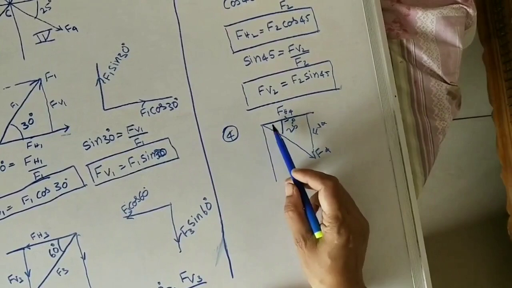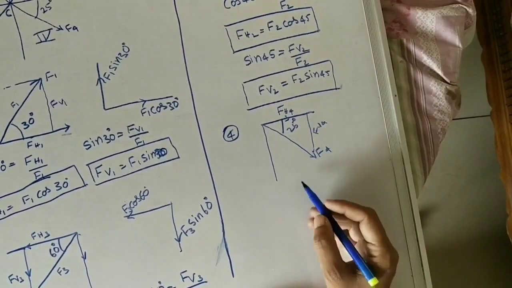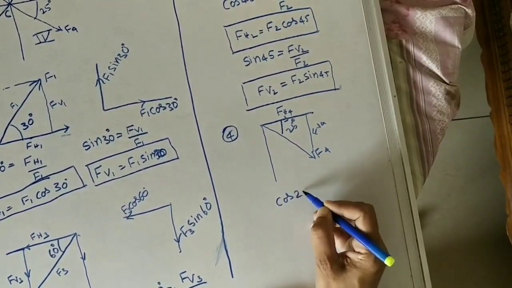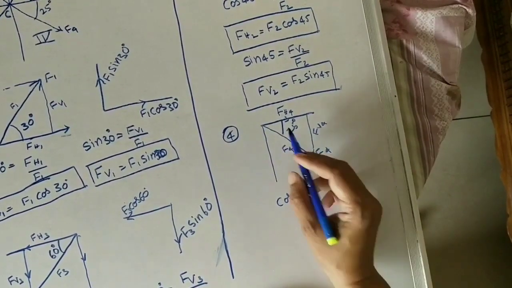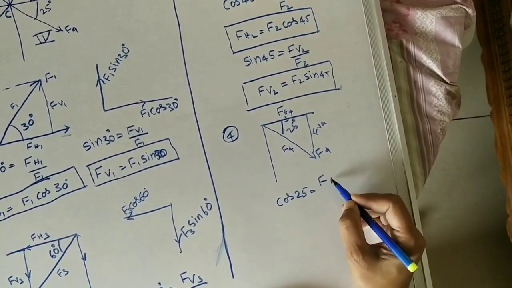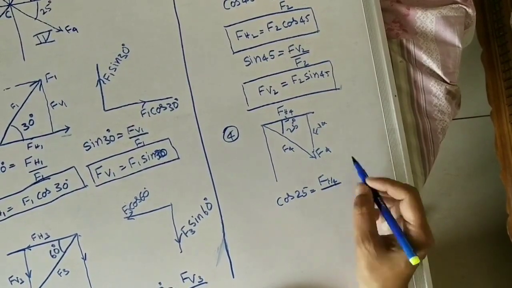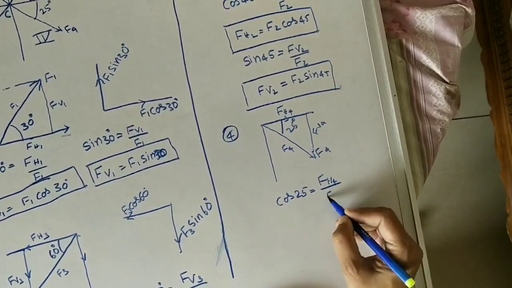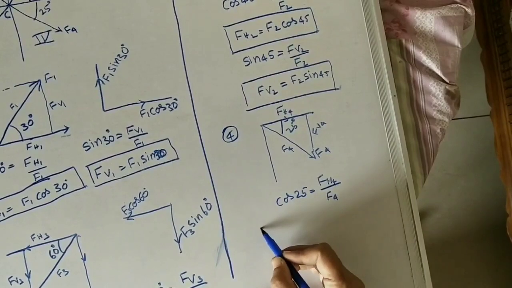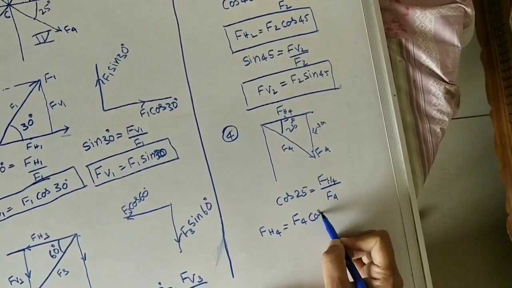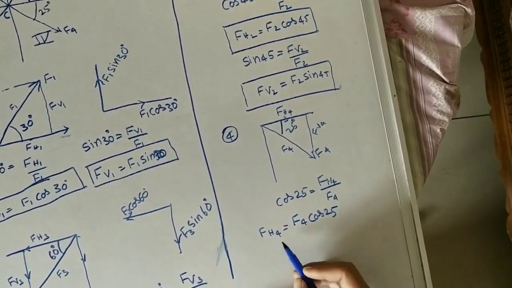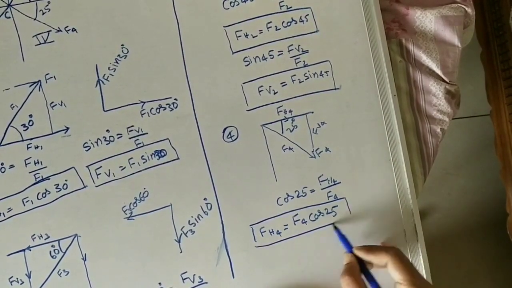For finding the horizontal component value, we consider cos 25 is equal to FH4 by F4, where F4 is the given magnitude. So FH4 is equal to F4 cos 25. This is the horizontal component.